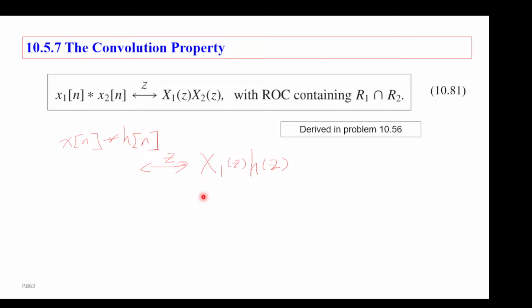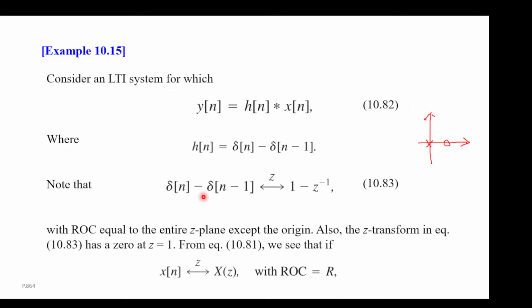And let's start with an easy example of a very convergent h of n. So y of n equals h of n convolved with x of n, and our h of n is the difference of two delta functions.